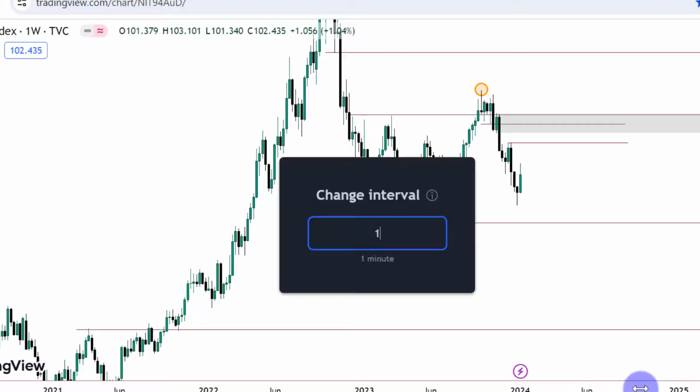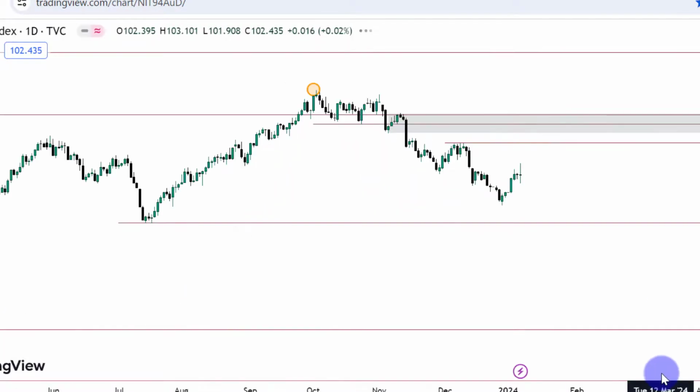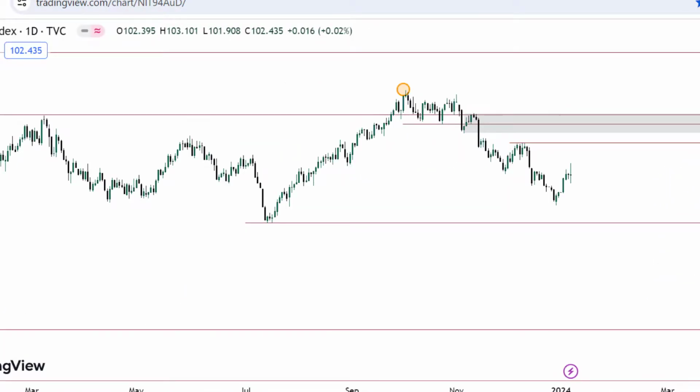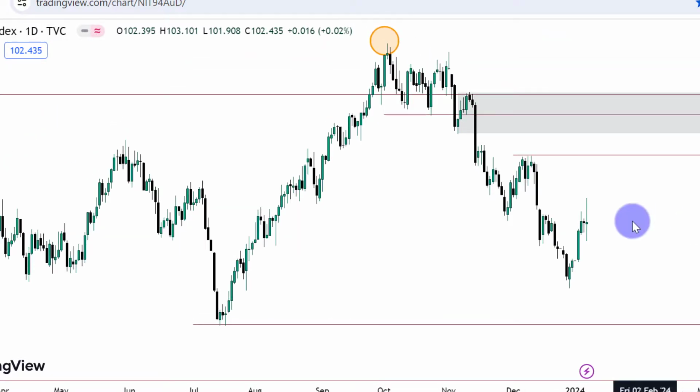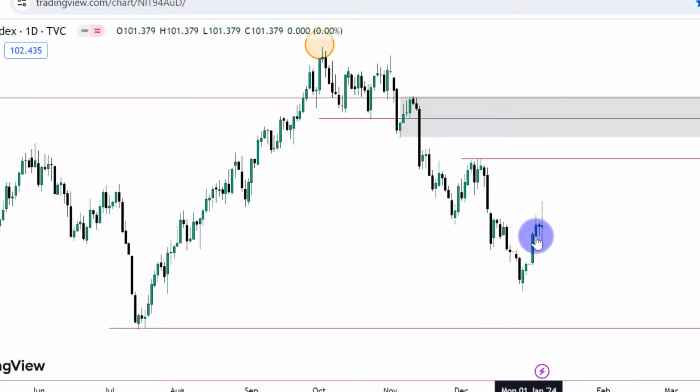Okay, but then the lower time frame would even give us more information, more clearer information, like the daily, because on the daily time frame we are paying attention to market structure. So on the daily time frame you can see price has been forming lower low, lower high, lower low, lower high. You can see that equal high here.